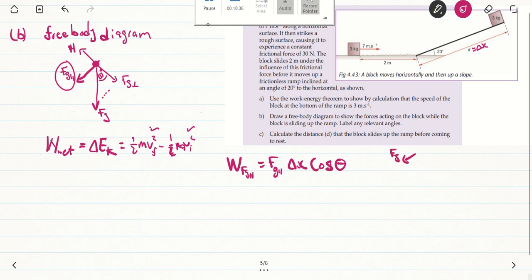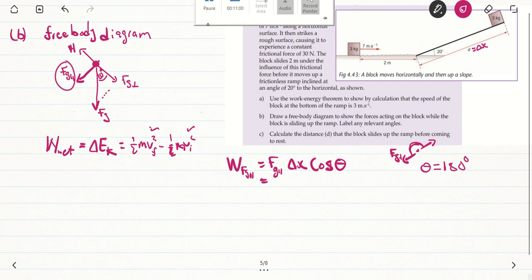That's FG parallel, while the block is moving upwards and of course decelerating. By virtue of the fact that they are moving in opposite directions, theta is already 180 degrees, because the angle between FG parallel and delta x is 180, as you can see with what I've drawn. And delta x, of course, is what we want to calculate.